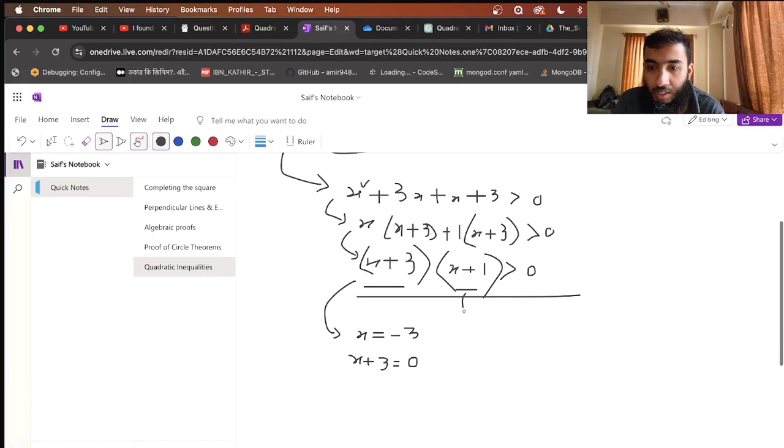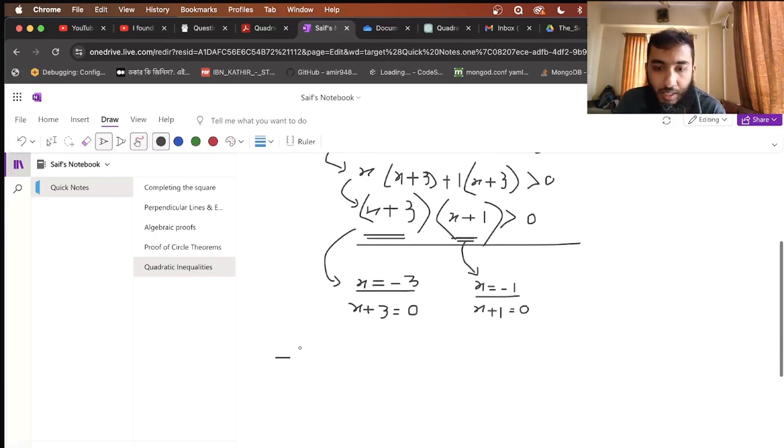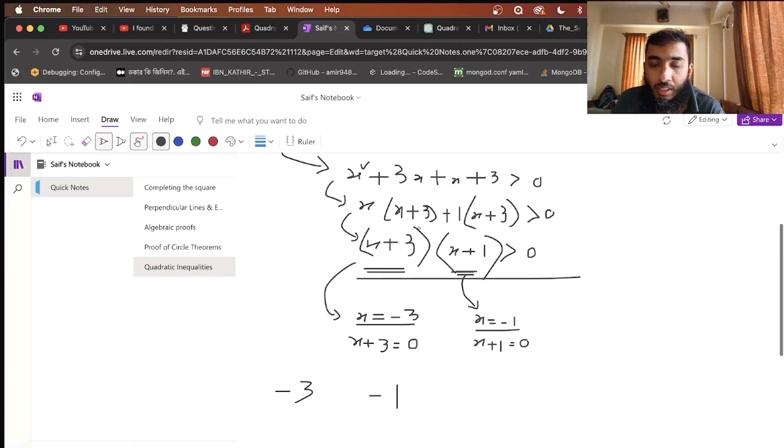And if we look at this term, if we use the value of x as minus 1, then x plus 1 is 0. So basically, if we take this term as 0 and this term as 0, we find the critical points of x. x is minus 3 and minus 1. So minus 3 and minus 1 are the two critical points of x in the inequality.